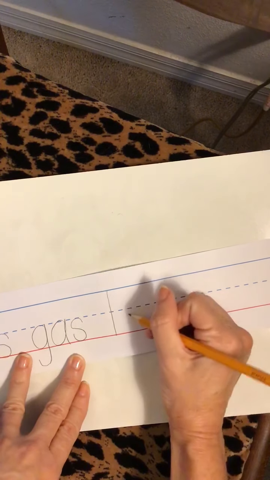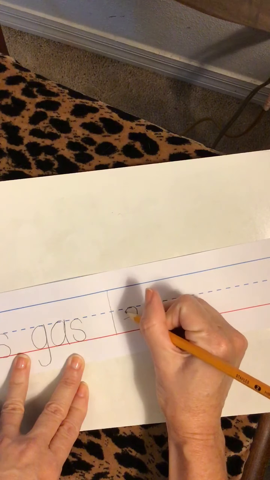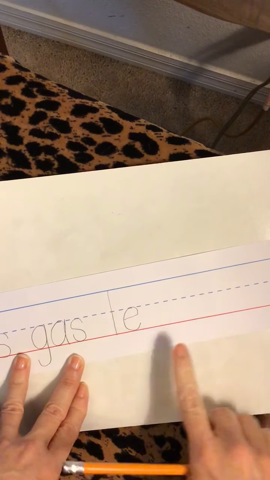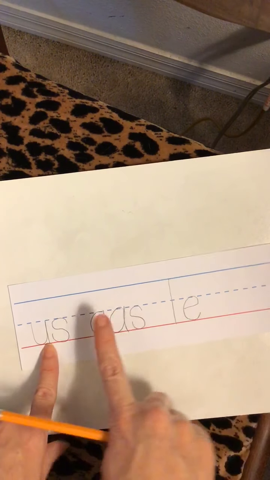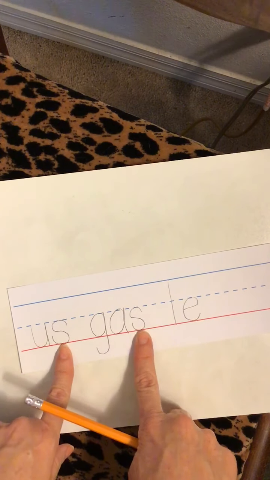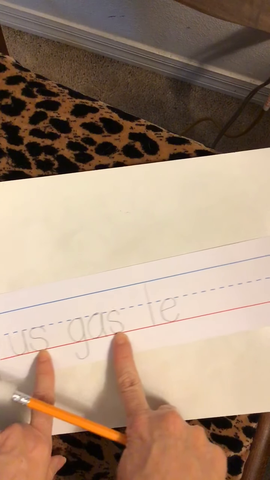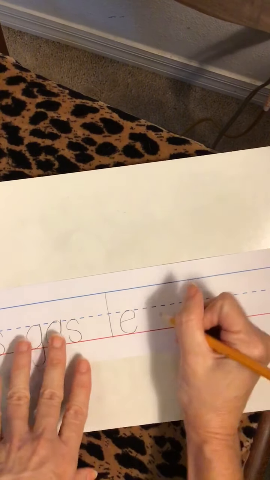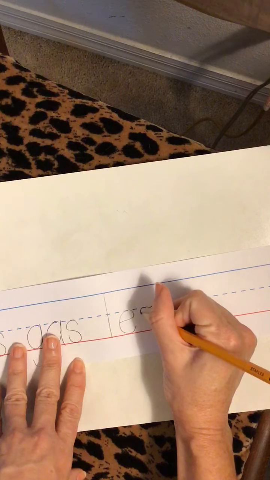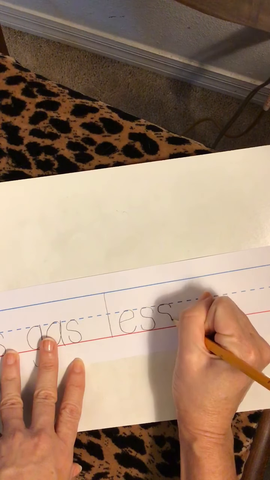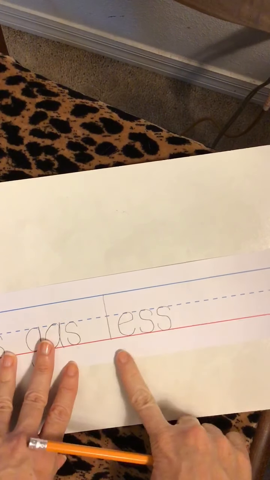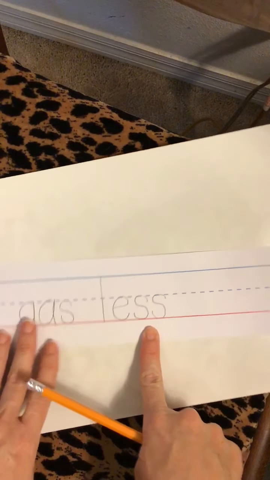What letter makes that sound? E. And then we said S at the end, right? Just like us and gas both end in S. So does less. But again, it's one of those tricky things where it's not just one, it's two. So write the word less now, please.